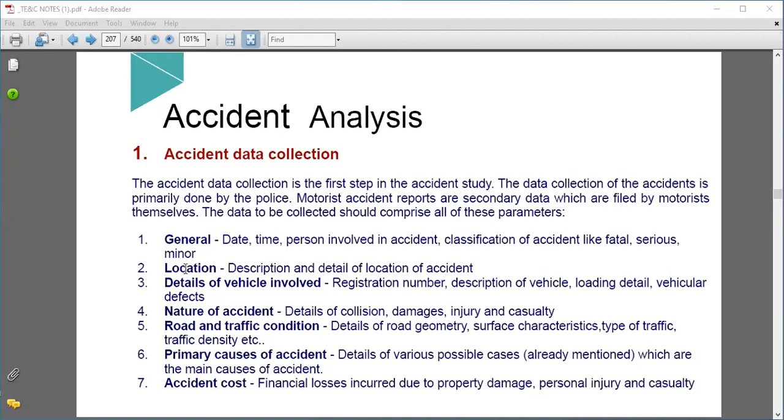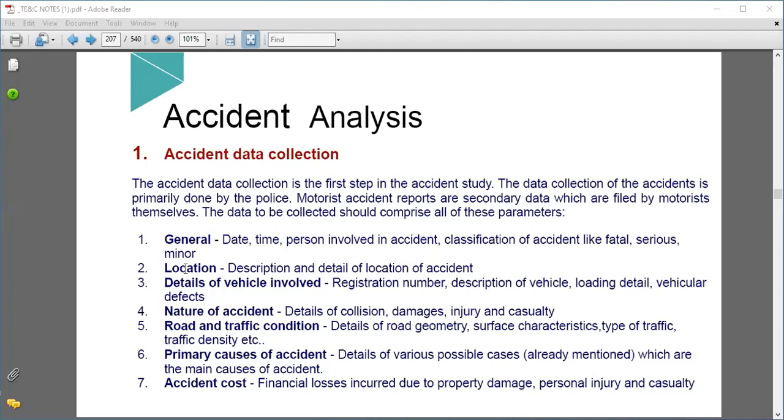Again, the second one is the time. Again, persons involved in the accident, and classification of accident like fatal, serious, minor. So in that accident data collection we collect the general information about the accident.